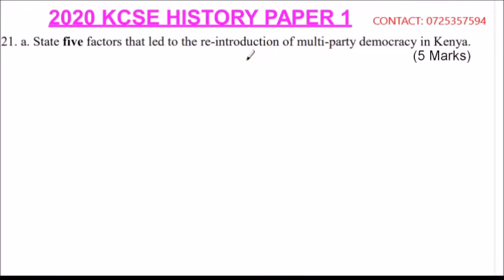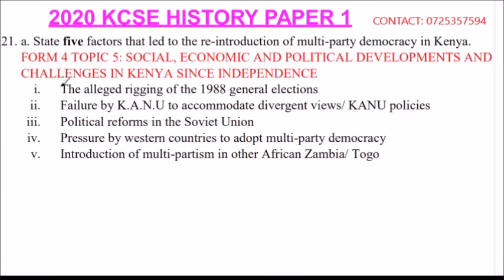So due to various ideology, the people fought for the introduction of a multi-party democracy. So this is from topic 5, socio-economic and political development and challenges in Kenya since independence.